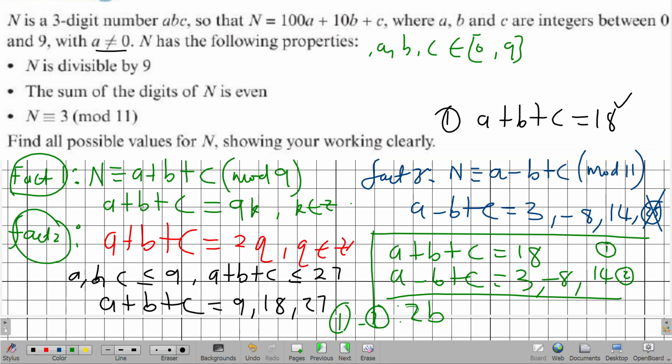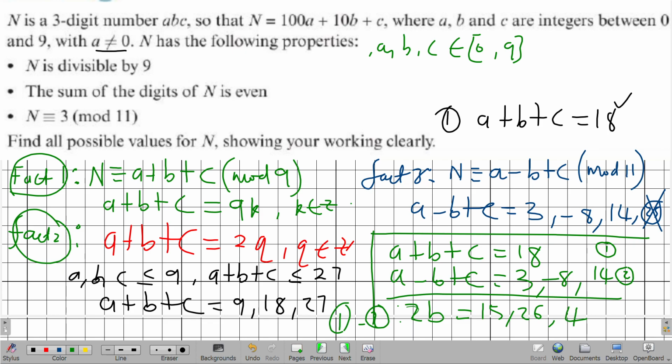So 2b can either be equal to 18 minus 3, which is 15, we can have 18 minus (minus 8), which is 26, we can have 18 minus 14, which is 4.